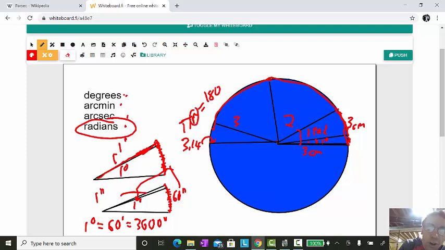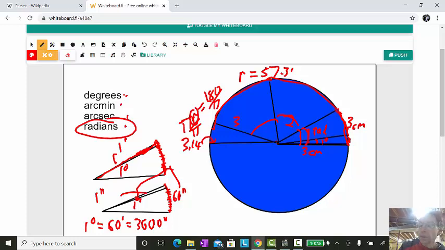So if you solve for r, divide both sides by pi, then r is going to equal 57.3 degrees. So this is 57.3 degrees, that's 57.3 degrees, and that's 57.3 degrees. And I think radians are helpful in the small angle formula, which we can go over some other time.